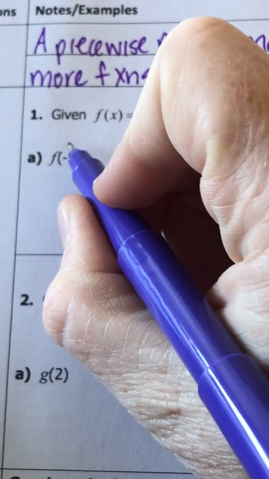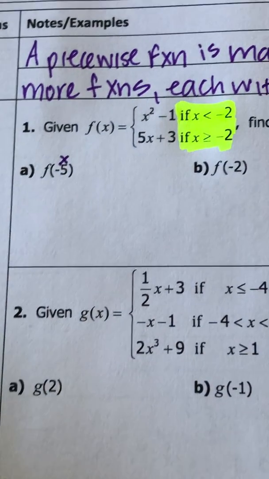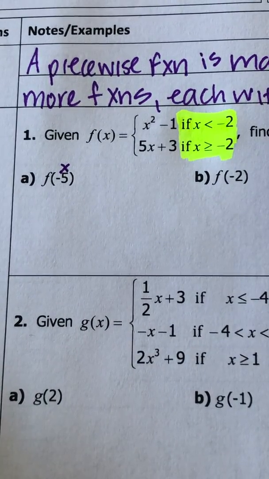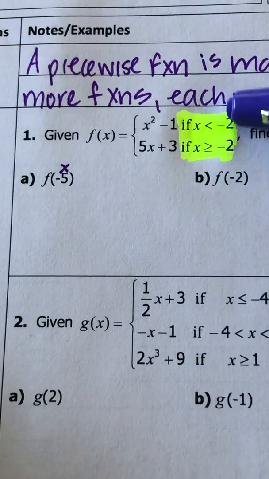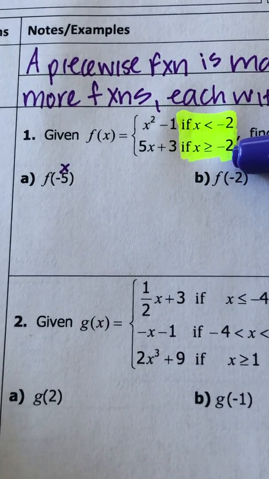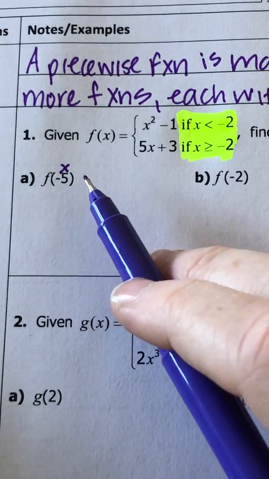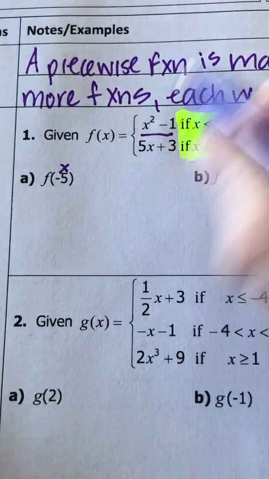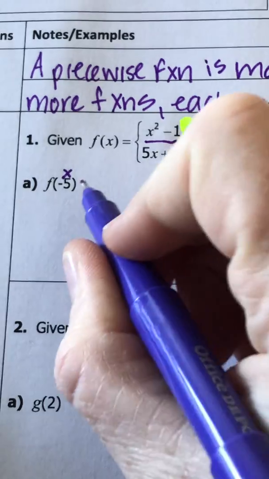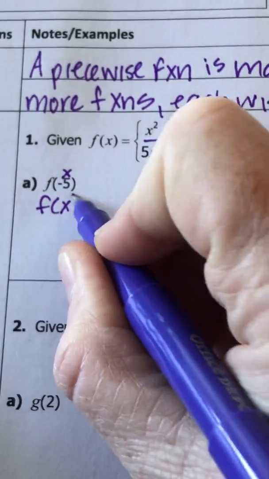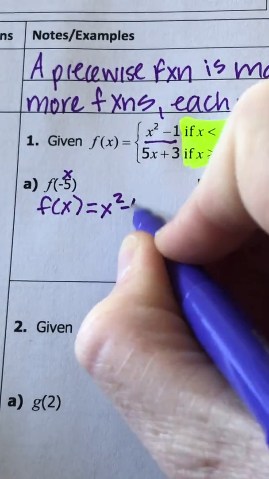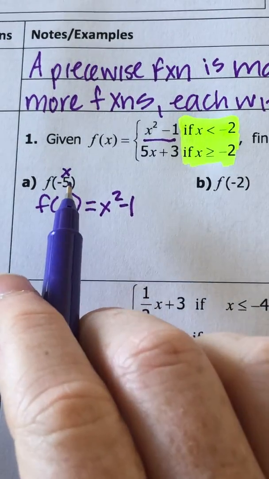So we want f of -5. That's an x value, okay? Where does -5 fall? In less than -2 or greater than or equal to -2? Okay, that's obviously less than -2. So we're going to use the function x squared minus 1 because it's less than -2.